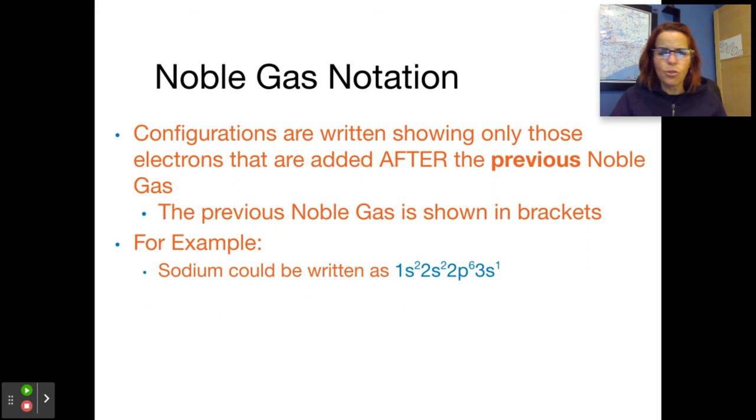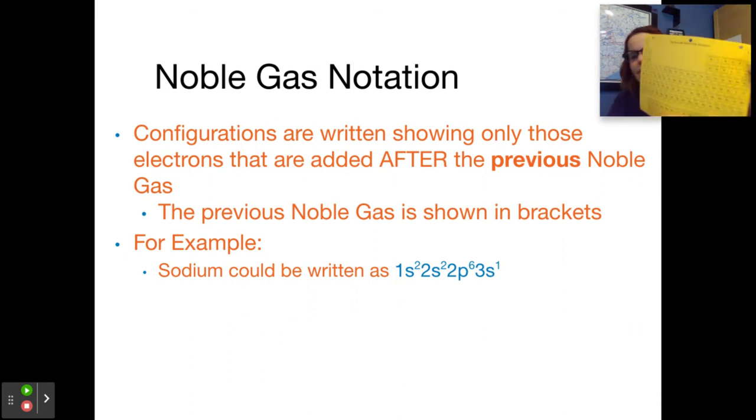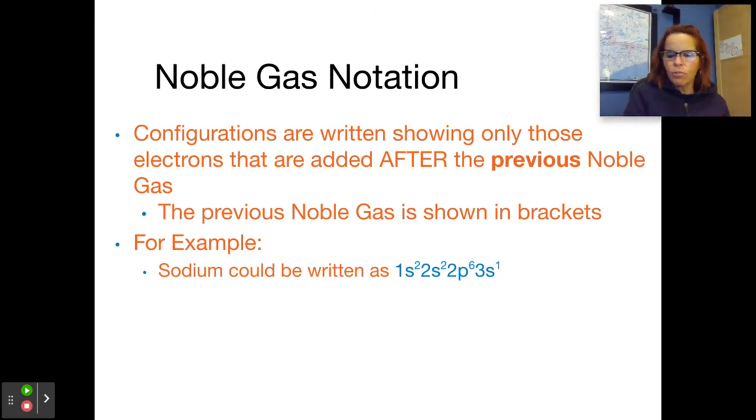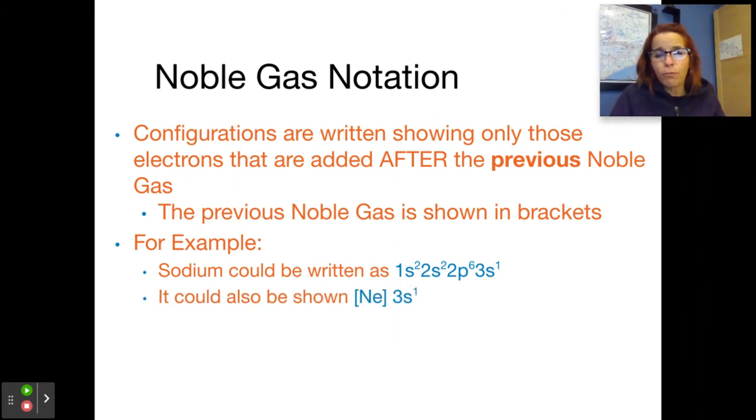For example, sodium. Sodium is number 11 on the periodic table, so there's 11 electrons. You could write all that out. It's not super long, but you could write it all out. Or you could go to the noble gas that comes before it. So sodium is 11. What comes before 11? 10. So krypton, did I do it right? No, neon is the noble gas that has 10 electrons in it. So neon is the noble gas that comes right before sodium.